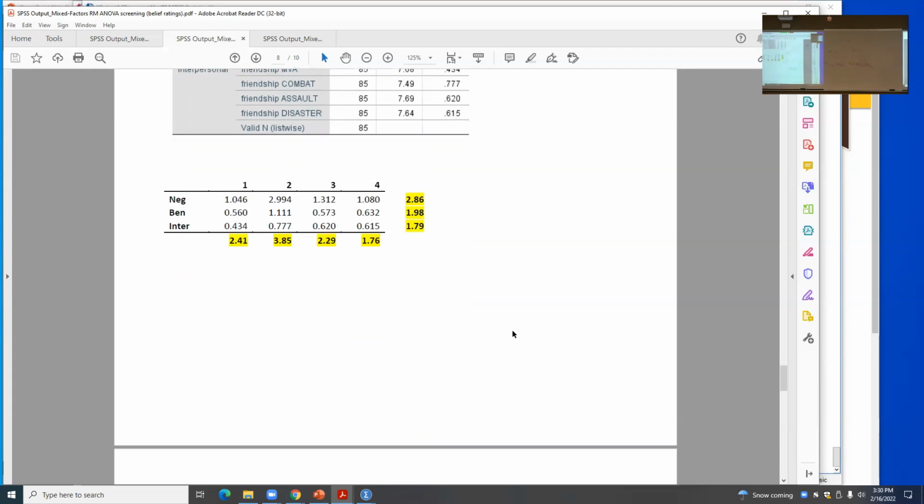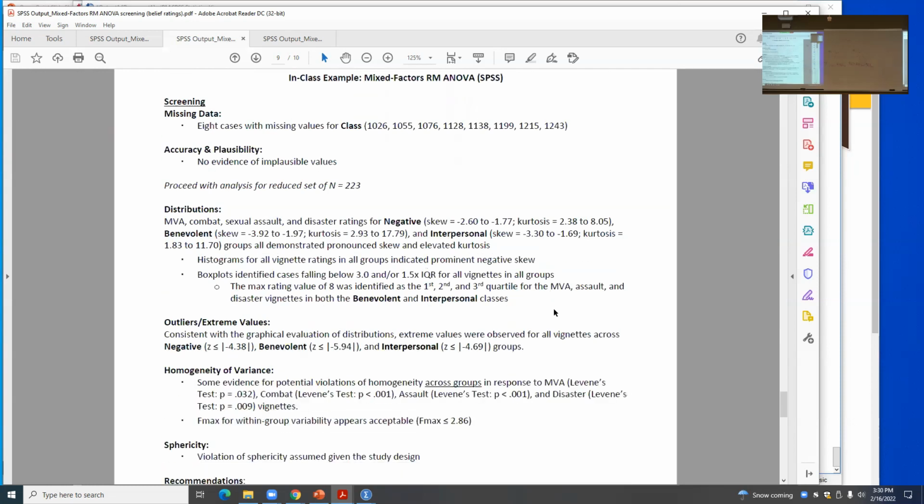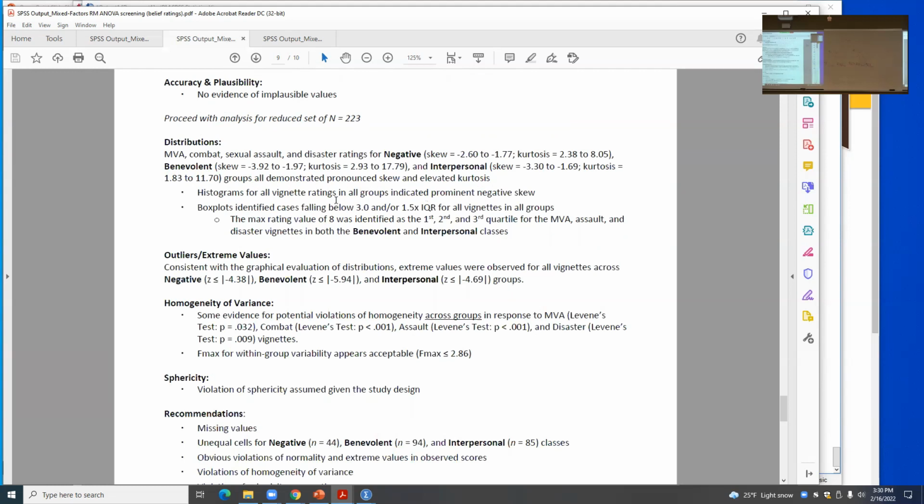All right. So here is our write-up that we've kind of condensed down. We're talking about missing data, implausibility, what our total sample is. Here in terms of our distributions, just because everything's kind of looking the same way and it's all a mess, we're trying to condense this down in an efficient way that doesn't lose important information.